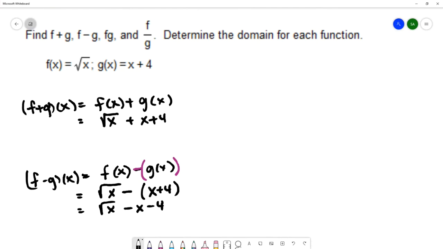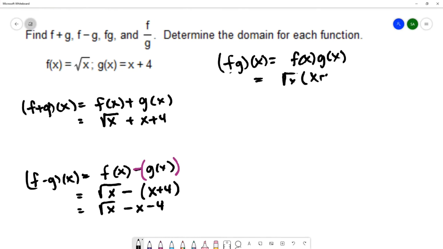So then we're going to do multiplication, f times g of x. That's f of x times g of x, square root x times (x plus 4). You'll notice I put parentheses here as well, and that's because we want to make sure that we're multiplying by all of g of x.